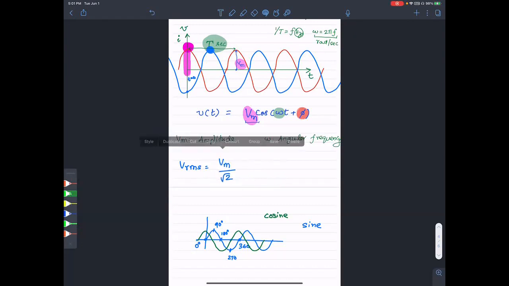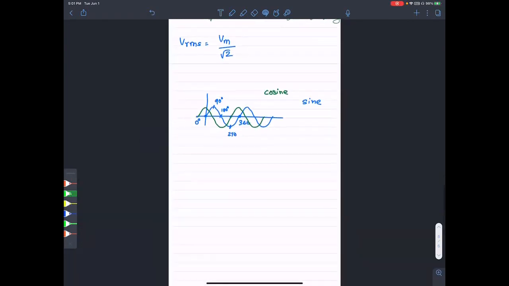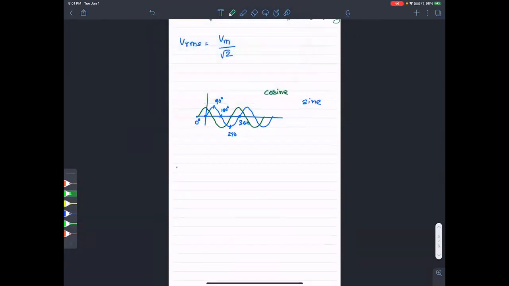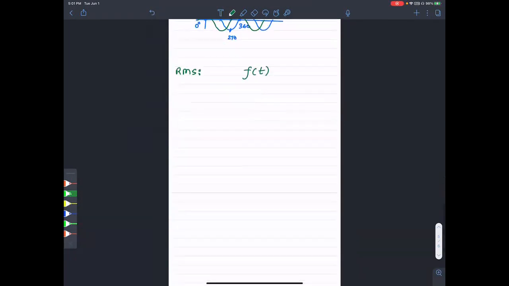Now, the textbook elaborates on the idea of root mean squared. If you have a function of t, how do you find the root mean squared of that? The first thing you want to do is to square the function, integrate it over one full time period, and average it.